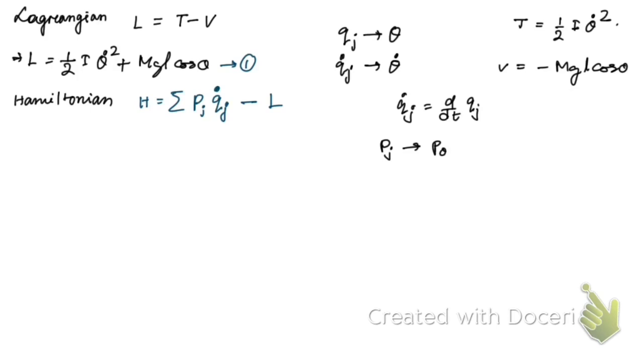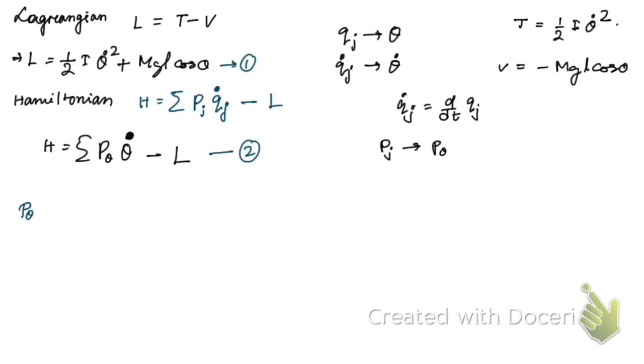So now we're going to write summation p theta theta dot minus L. So how to obtain p theta? This is, suppose, equation number 2.